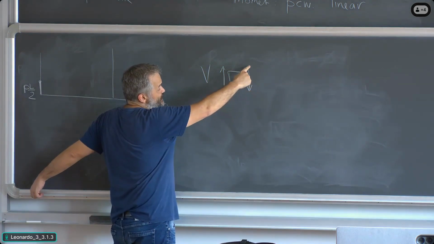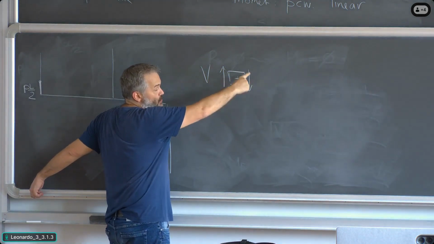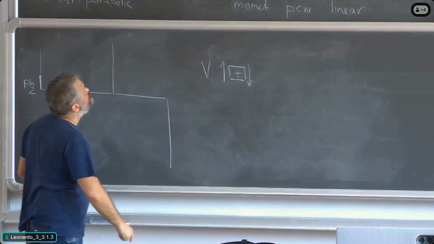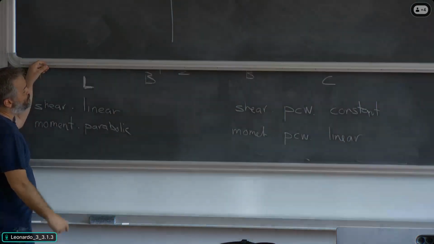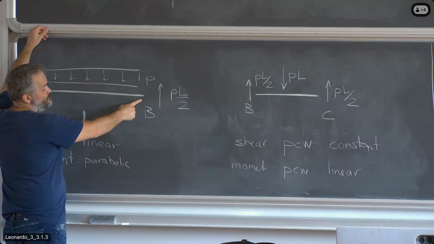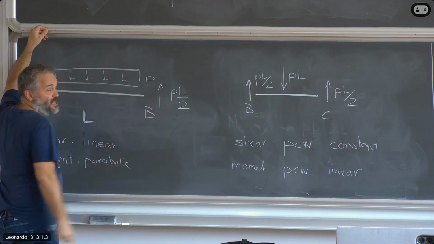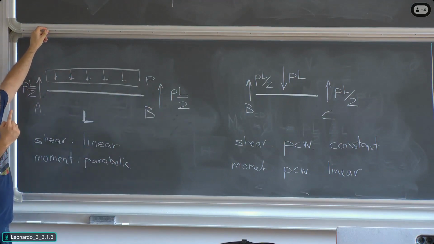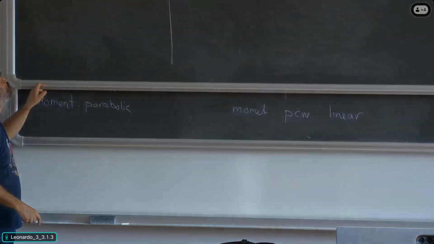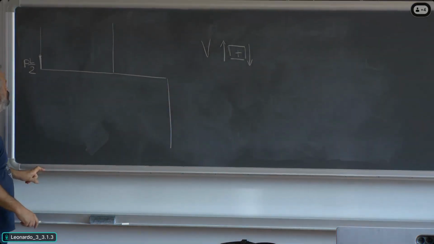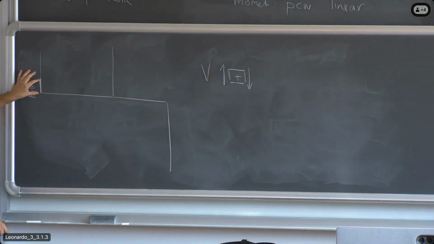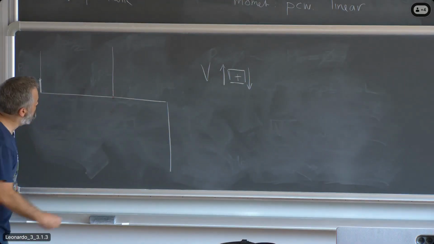At the right end, my shear force is positive if it points downwards. What happens at point B? Shear force is PL divided by 2 upwards, which means it's negative. So if the first end is positive, second end is negative.